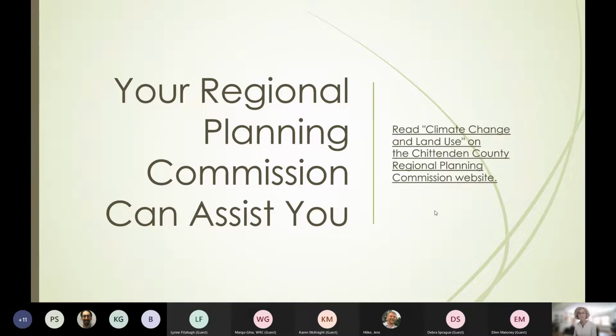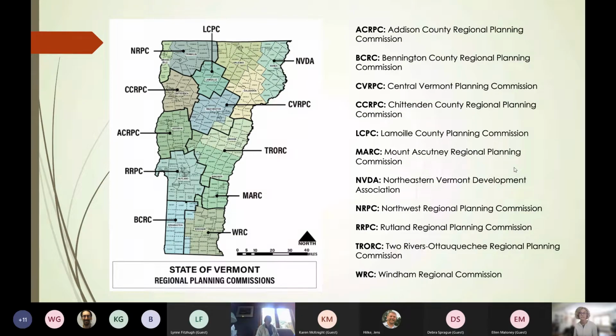But if you are not in Chittenden County, I've provided here a map of all of the regional planning commissions in Vermont. There is one in your area for sure that you can contact, and it is their job to assist with planning needs. So never hesitate to reach out to your regional planning commission for assistance with any of these types of things.